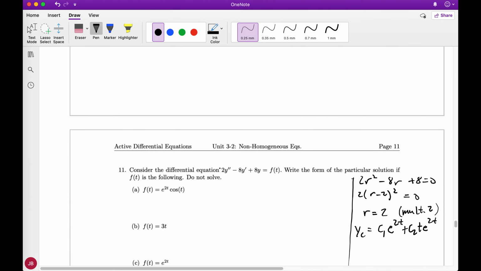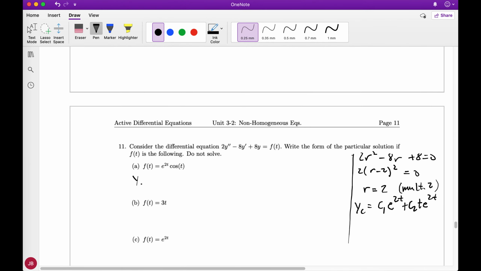So I think our yp guess is going to look like a e to the 2t cos t. And now, don't forget, we need to add b e to the 2t sine t.